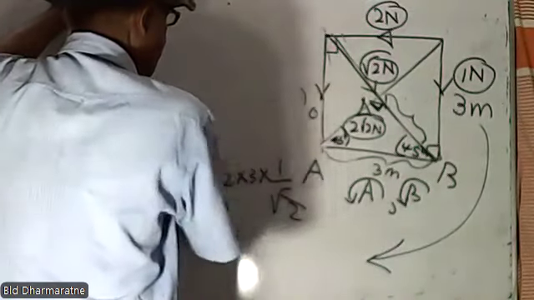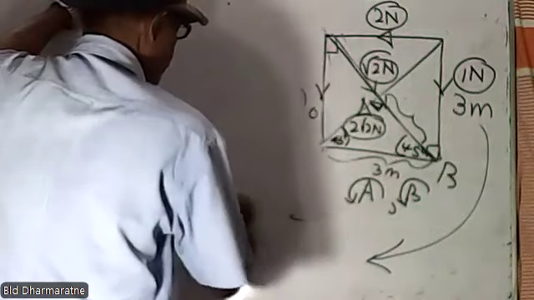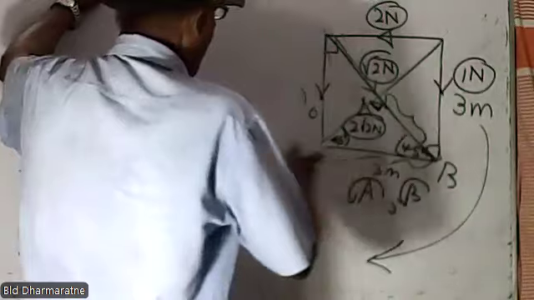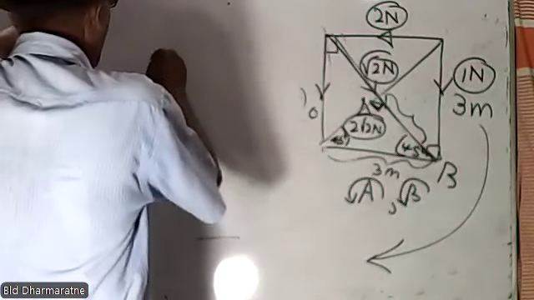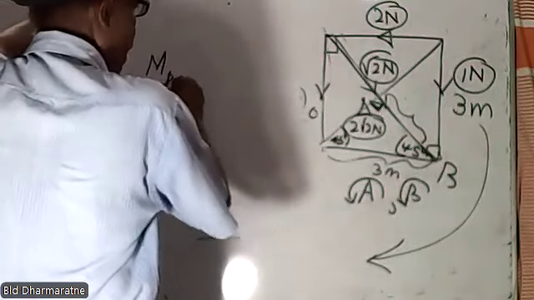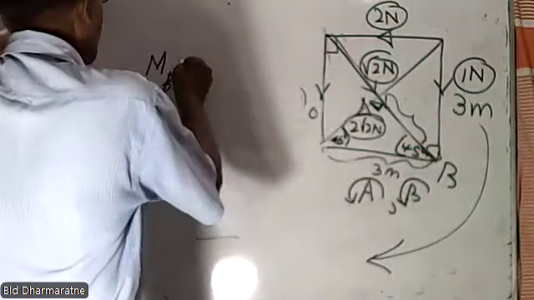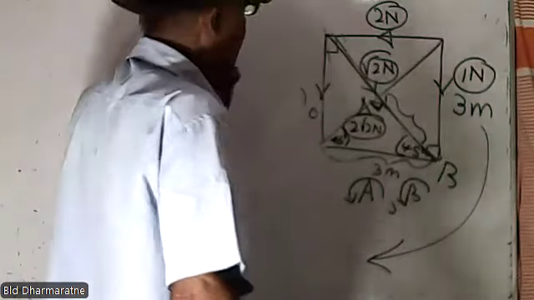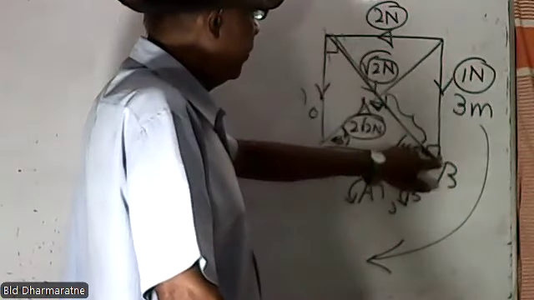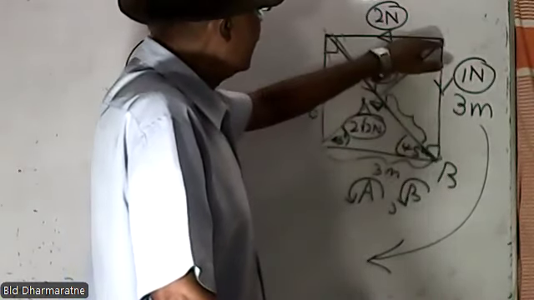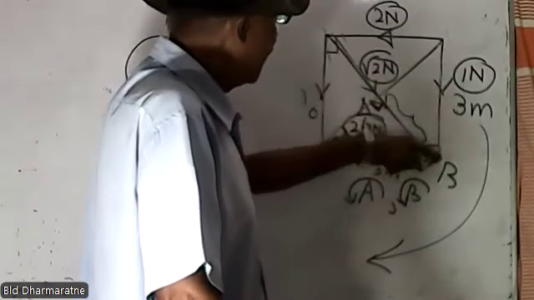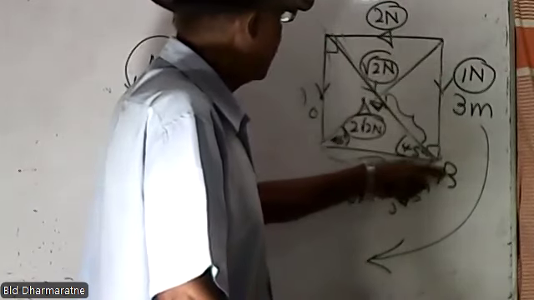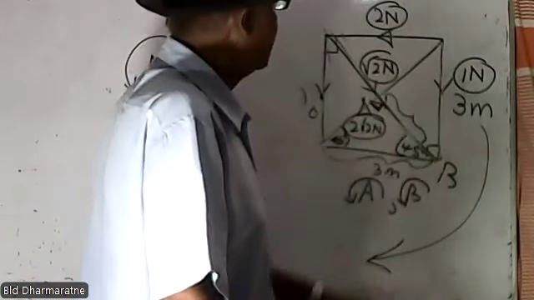Point B, about point B, MB, in the anticlockwise direction. These forces we take the easy way. Point B here, the perpendicular is this one. These two forces are negligible. The forces root 2 and 1 are also negligible.